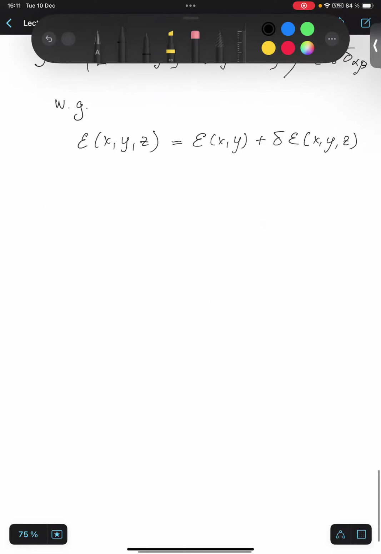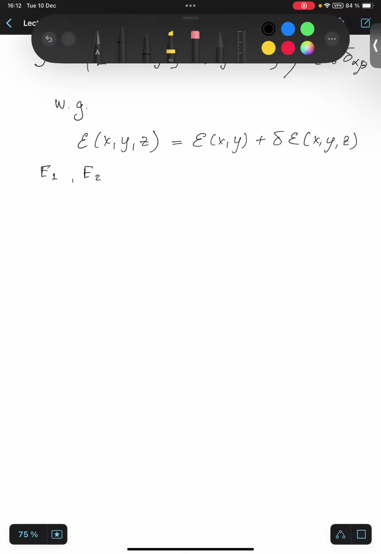We should substitute our solutions into the reciprocity theorem. So, for example, we have two solutions, E1 and E2.